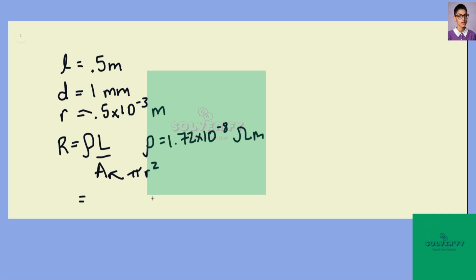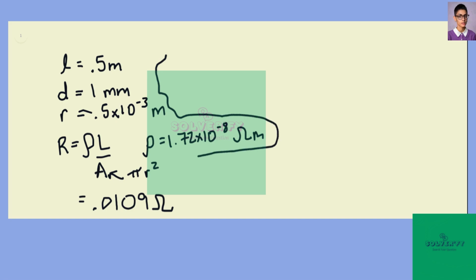So I guess r is going to be the radius of the cross-section. Anyway, when I put this into a calculator, I got 0.0109 ohms. Okay, so now we have some of the background of the problem done.